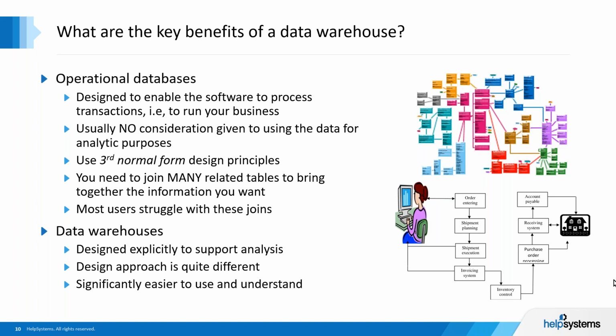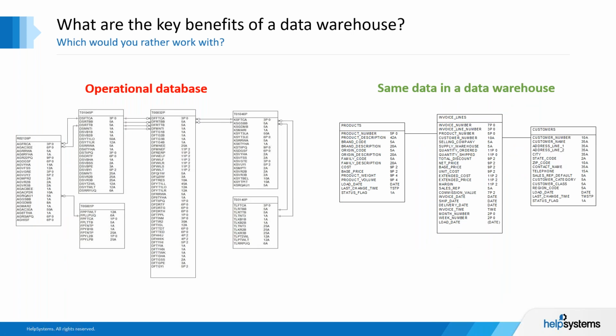When we build a data warehouse, we take quite a different approach. The tables are designed explicitly for analysis, usually resulting in fewer tables that are easily joined to each other. So here's an example from a data warehouse project that I was working on some time ago. The schema, a set of tables on the left-hand side, is from the operational database, and on the right is the same information in the data warehouse that we designed.